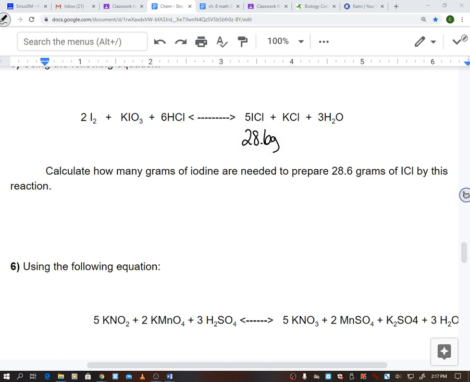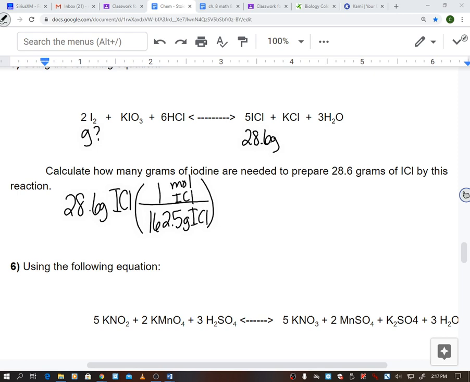They want to know grams of just iodine by itself. So once again, a 3-step problem. So I'm going to walk through this pretty quickly. I'm going to do the capital I there so it doesn't look like LCL. It is ICl. When you weigh this thing, it is 162.5 when you add all their weights up.